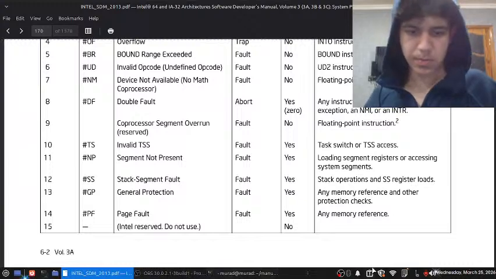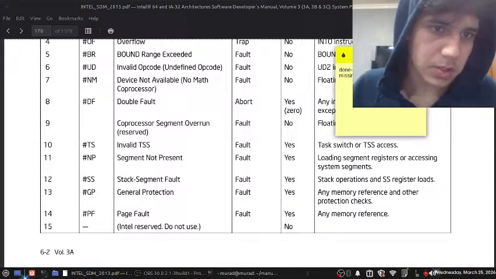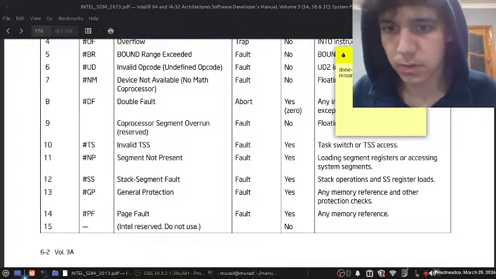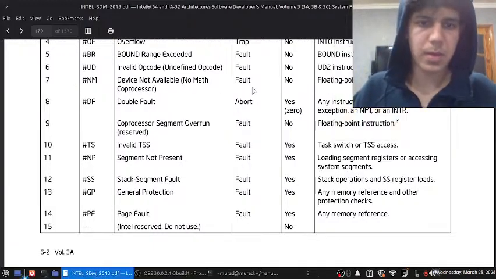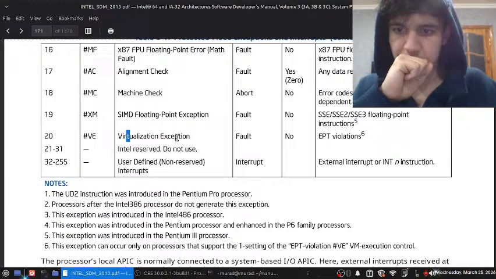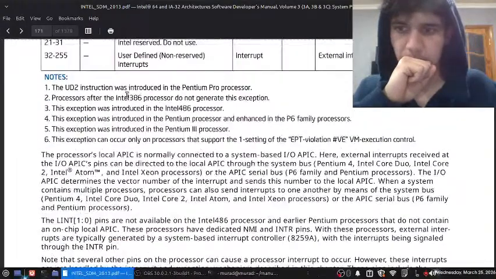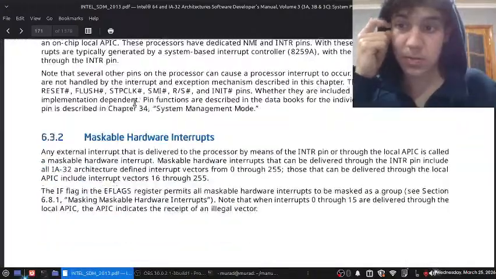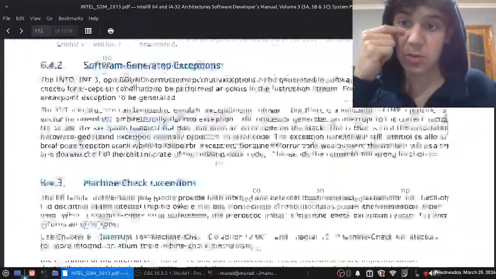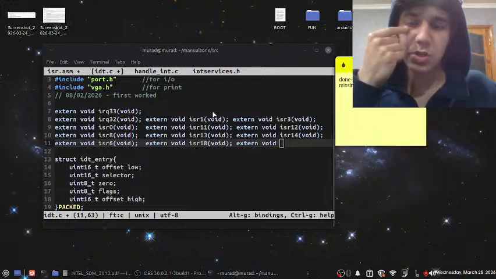Okay. And the ninth interrupt is not needed because it is reserved. Virtualization exception, x86 FPU. Maskable, and there are maskable interrupts and non-maskable interrupts.